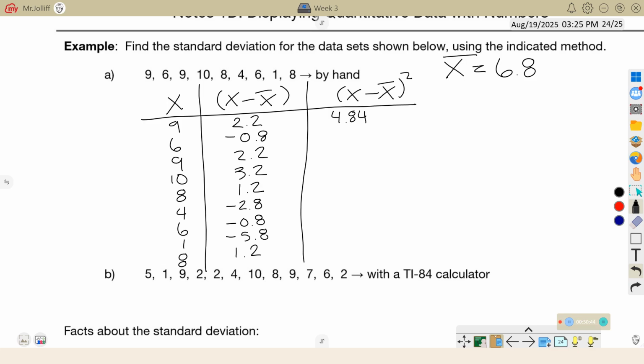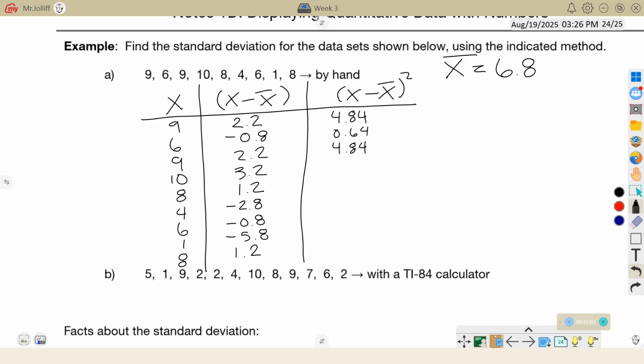Okay, has anybody else started doing that squaring? Yes. Who said yes? Thank you, Jennifer. What'd you get for the next one? 0.64, and then another 4.84, and then what? You're still doing it.